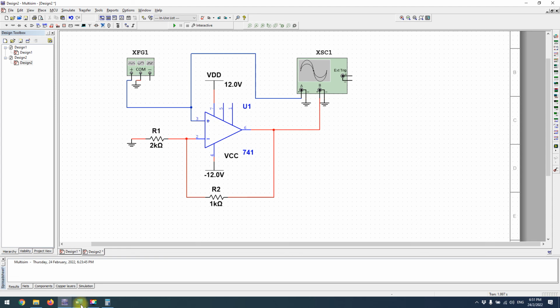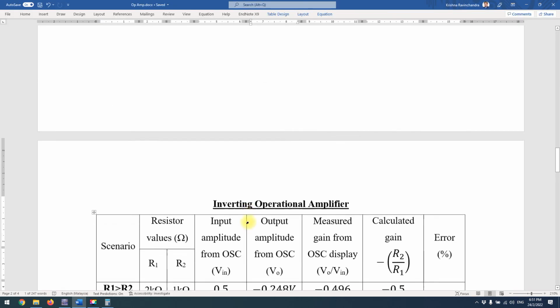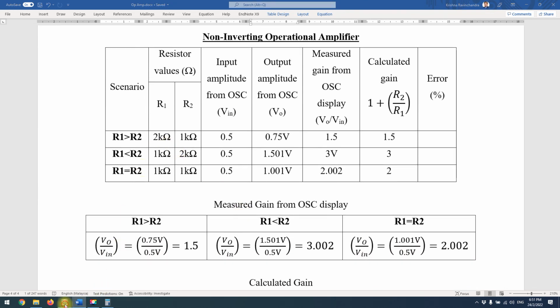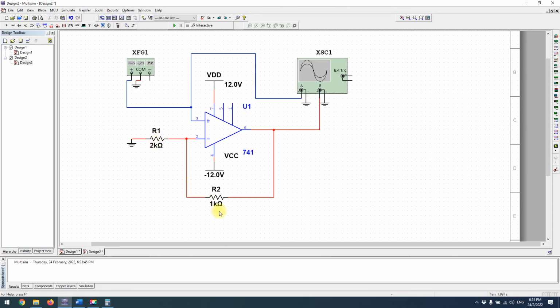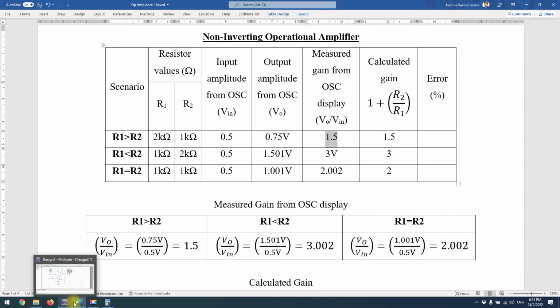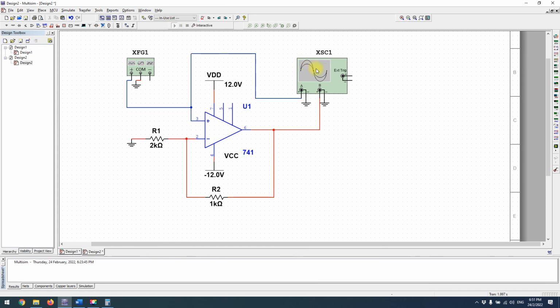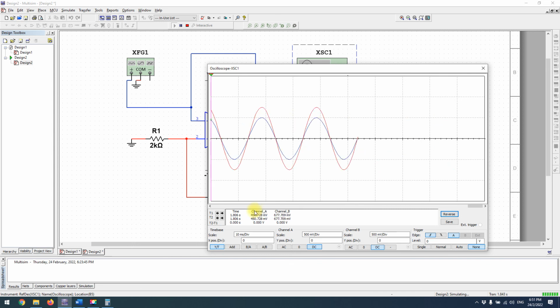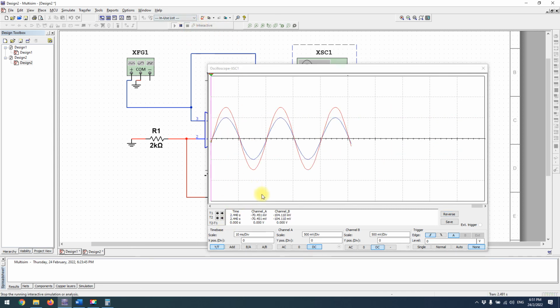On the calculated side, as I've set the resistor values R1 to be 2 and 1, I will obtain 0.75 volts and the gain is 1.5. That means it's an amplified scenario. So right now let's run this. Reverse it so that we can see a very nice one, and we can stop it already.